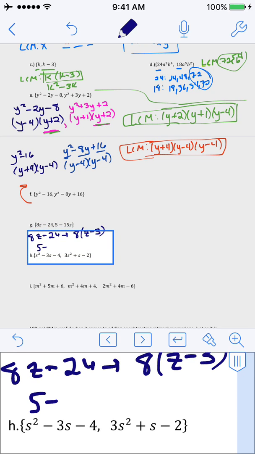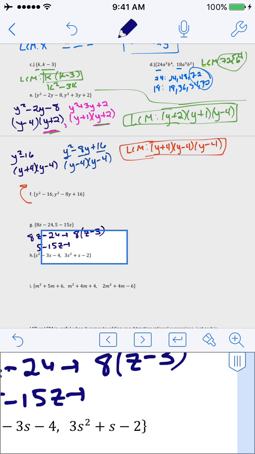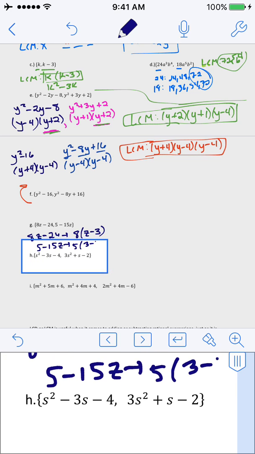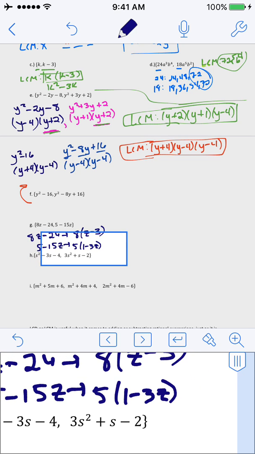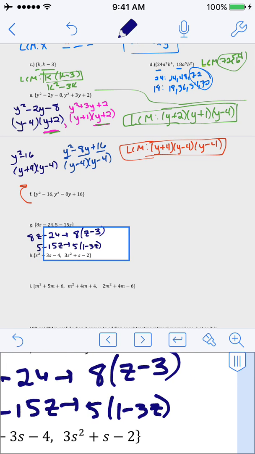Here I have 5 minus 15z. Okay, let's take out a 5. What am I doing? We get a 1 minus 3z. Yes, 1 minus 3z. Alrighty.